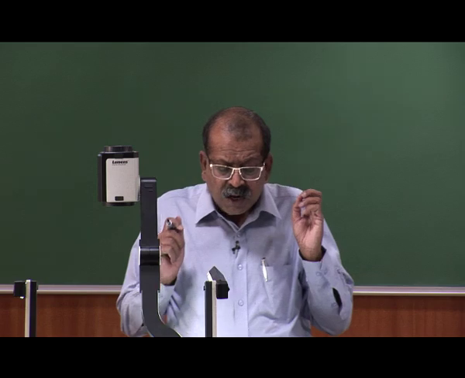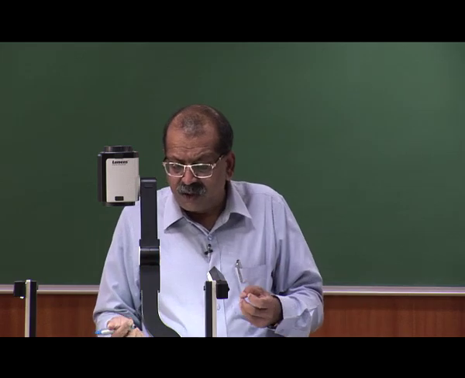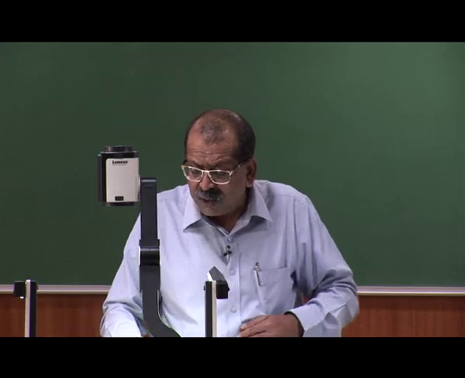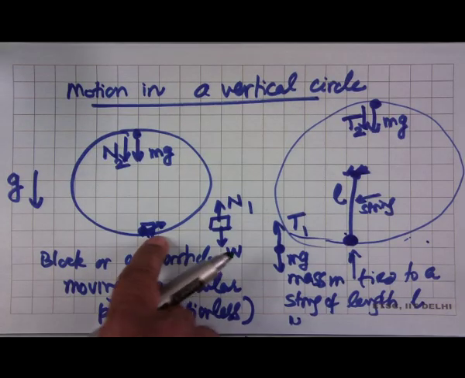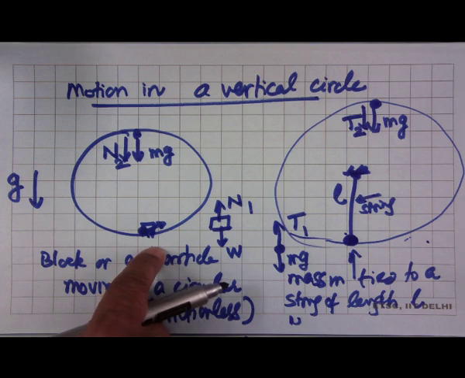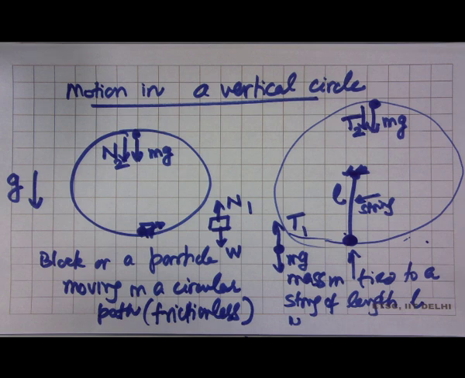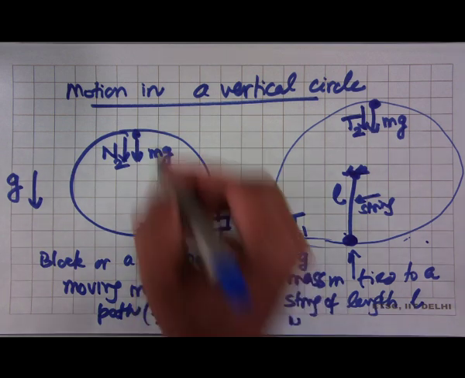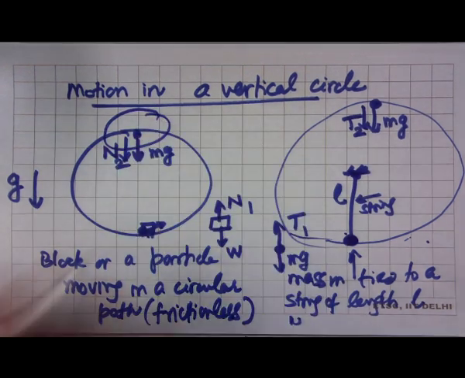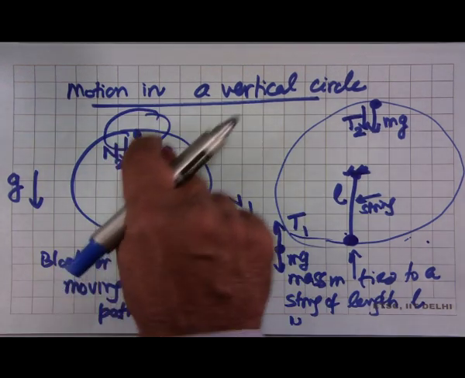Now, one of the things which we often ask in these problems is, what is the minimum velocity which the particle should have at the bottom, so that it can execute the full circle. Now, what do we mean by the condition that it can execute the full circle? What is critical is the velocity at the top point.